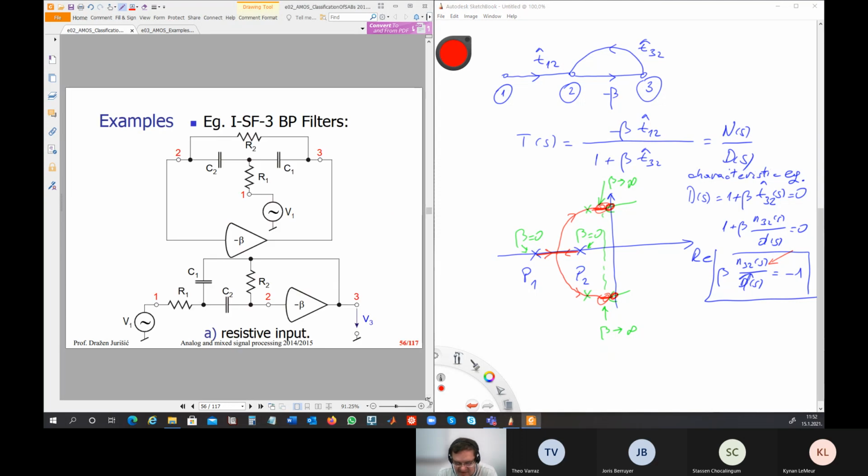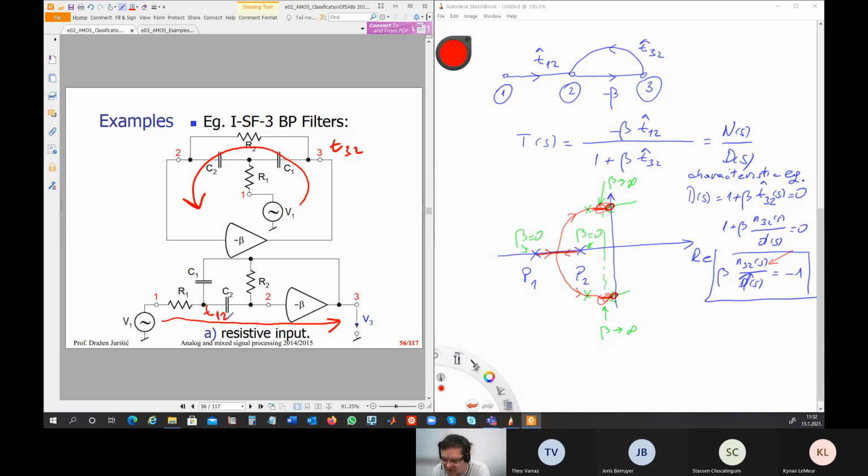So here is the bandpass. Let's say it's conjugate complex poles. It altogether is a bandpass filter. If you look at the feedback, this is T3,2, and this is T1,2.